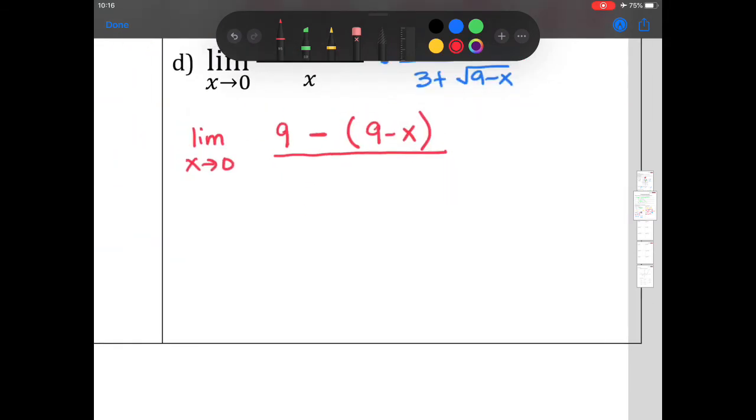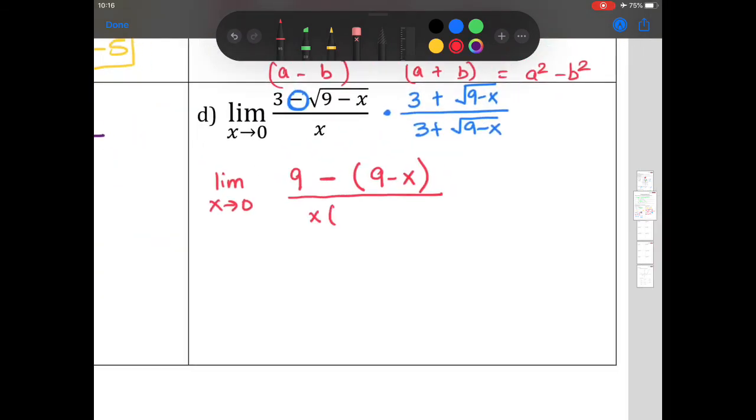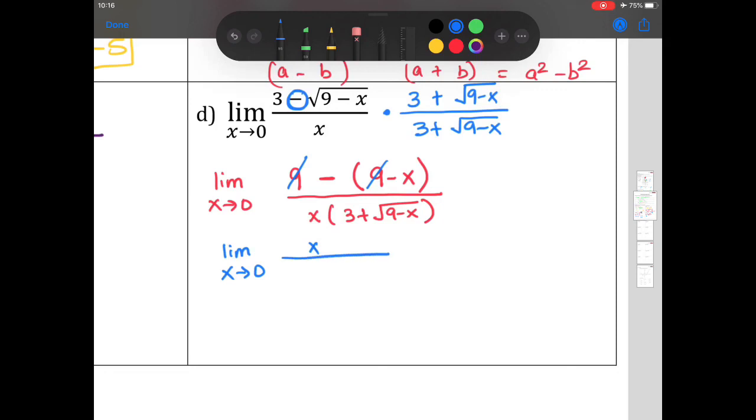Now the 9's cancel out, and you're left with the limit as x approaches 0 of x over x times 3 plus the square root of 9 minus x. The x's also cancel out. Now apply the limit. You're left with 1 over 3 plus the square root of 9 minus 0, which is just 3, so 1 over 6.